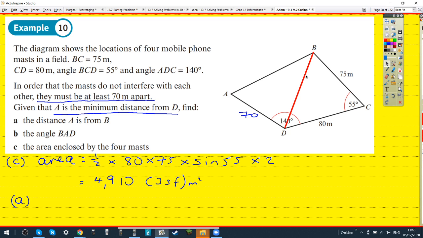So would you use the equation area equals a half times A times B times sine C? So it'd be 4,910 equals.